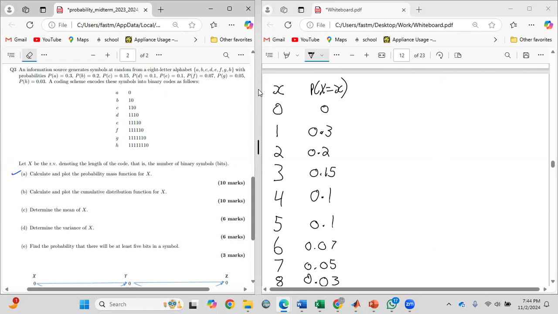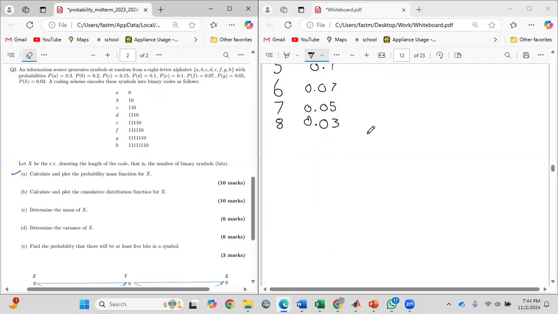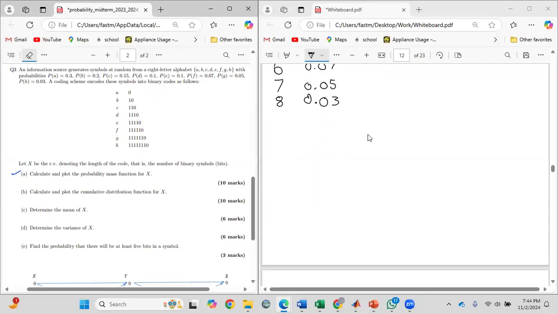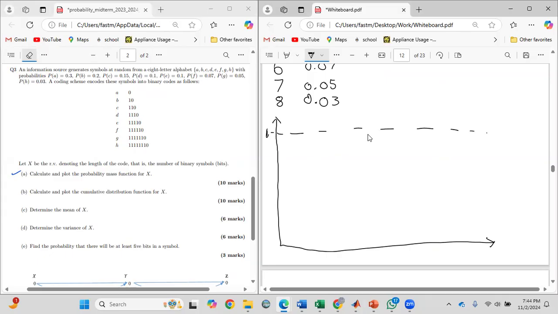So here are the PMF values. We should know how to plot the PMF by now. So you have the graph. We know it's supposed to plateau at 1, so we put the 1 there for now. Start at 0: 0, 1, 2, 3, 4, 5, 6, 7, and 8.